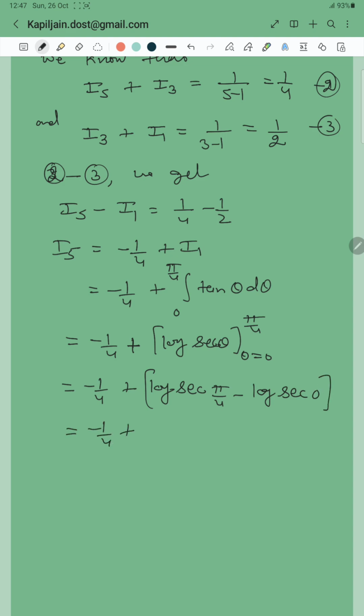Minus 1 by 4 plus log of, yes, secant pi by 4 is root 2, minus secant 0 is 1, so log 1, and we know that log 1 is 0.